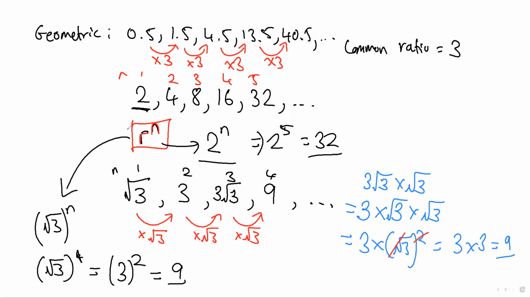All right. So here are some other sequences that you don't need to really know much about, but you need to know that they exist. So we have triangular numbers. And triangular numbers can basically be represented as triangles.